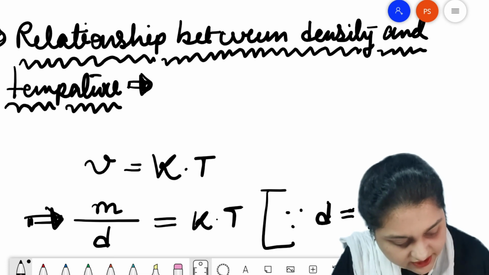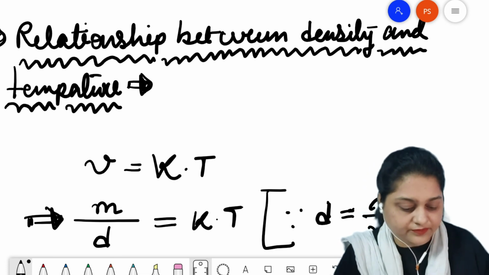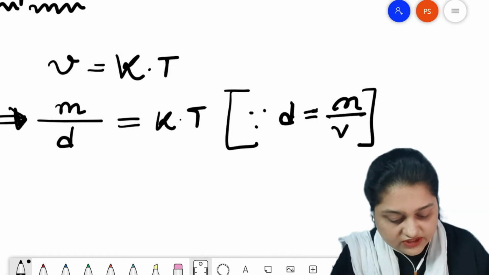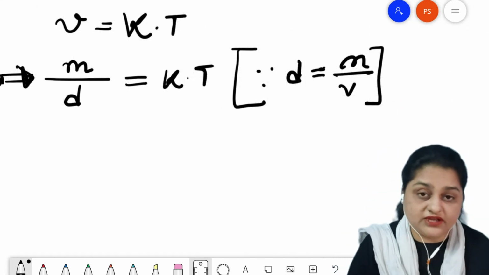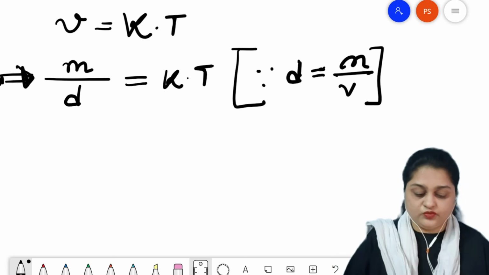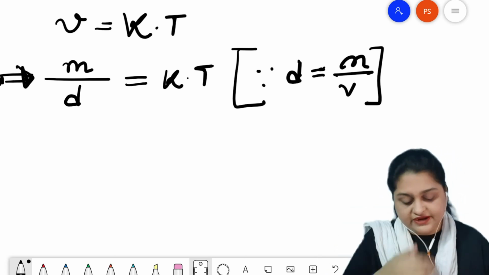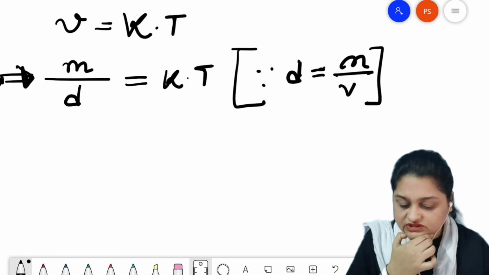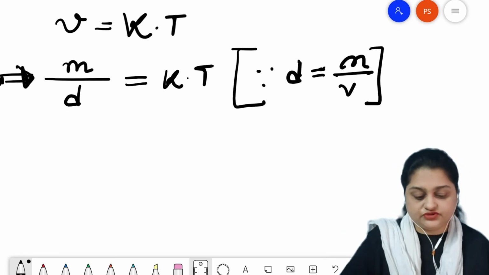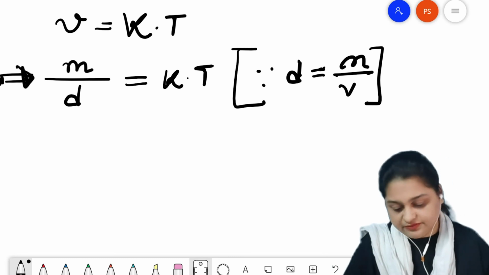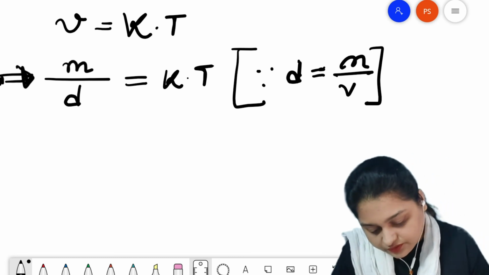From this expression we can find that volume equals mass by density, and by substituting the value of volume in the main equation, m by d equals KT, we can simplify it.